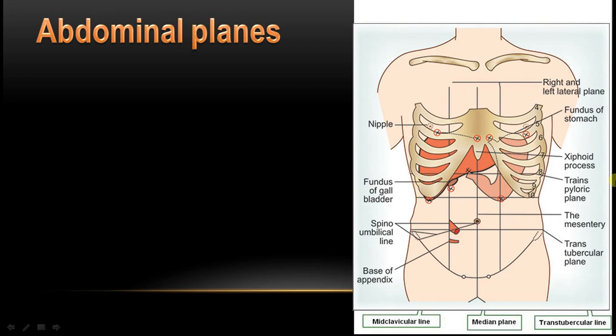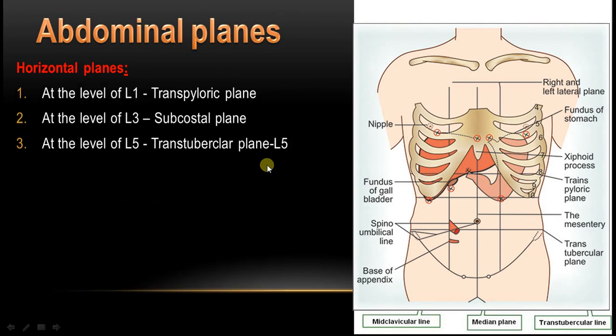These lines can be transverse lines, drawn horizontally, or they can be vertical lines. Of the transverse lines, mainly three are important. One is the transpyloric plane, the horizontal plane. The other one is the subcostal plane, and the third one is the transtubercular plane.